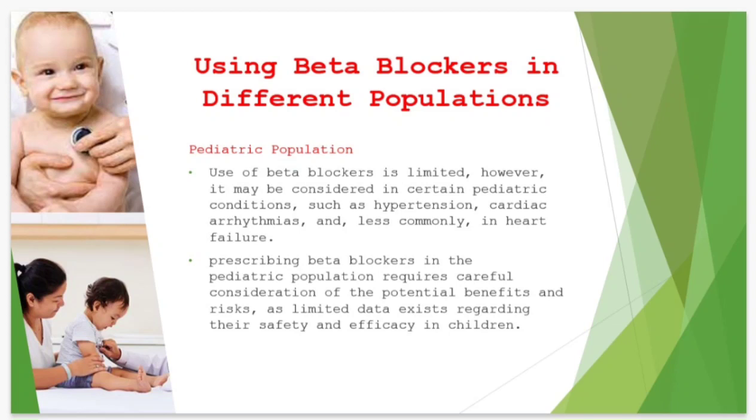The rationale for beta blocker use in pediatric patients is similar to that in adults, focusing on reducing heart rate, myocardial contractility, and blood pressure. However, prescribing beta blockers in the pediatric population requires careful consideration of the potential benefits and risks, as limited data exists regarding their safety and efficacy in children.